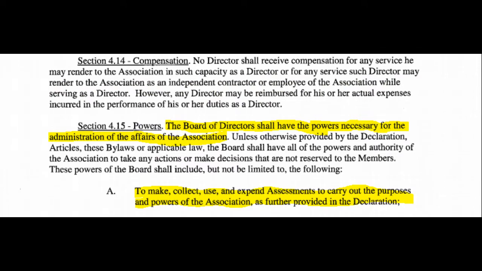As we can see in section 4.15, the board of directors shall have the powers necessary for the administration of the affairs of the association. Under A, it says to make, collect, use, and expend assessments to carry out the purpose and powers of the association, as further provided in the declaration.